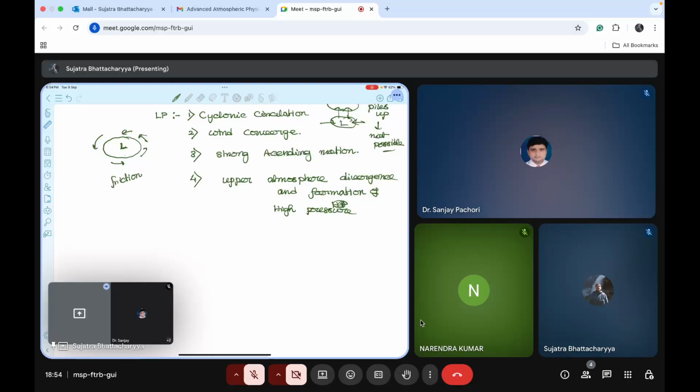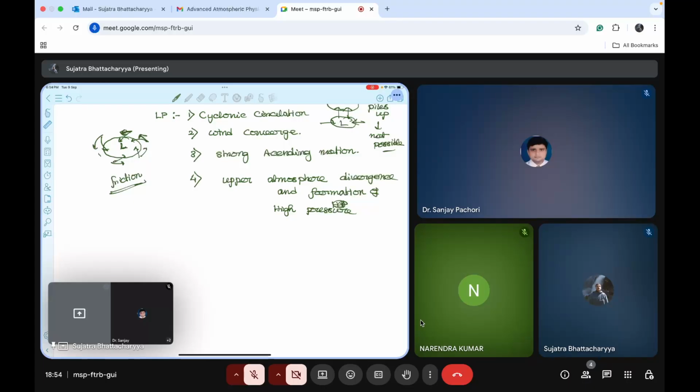See, this low pressure is near the surface, and near the surface there is the strongest friction. This friction helps the winds not to move straight, rotating like this, but to converge here, with a tilted angle towards the center. This results in convergence and it goes up.